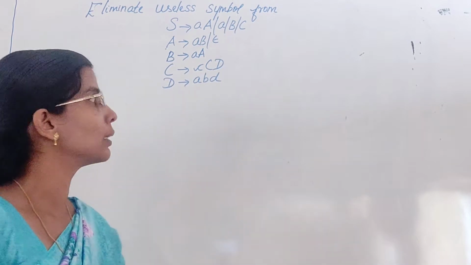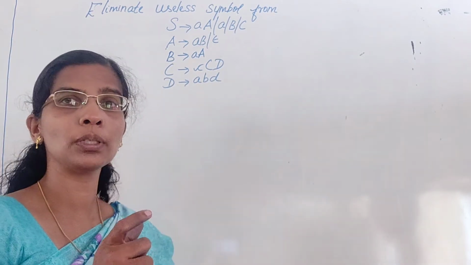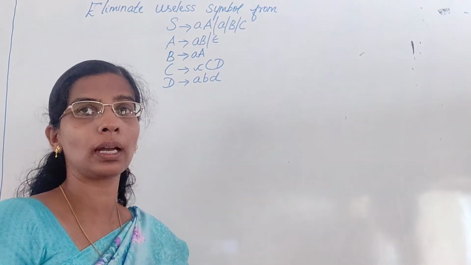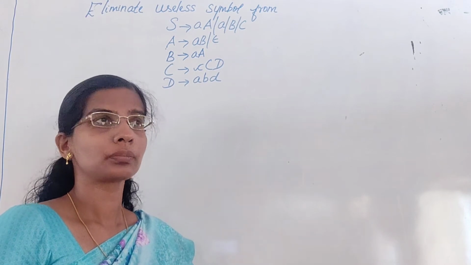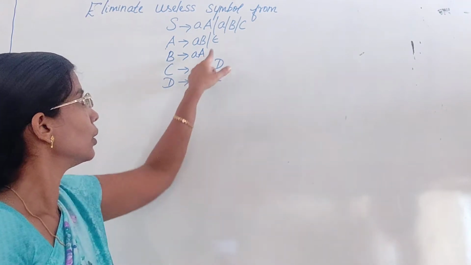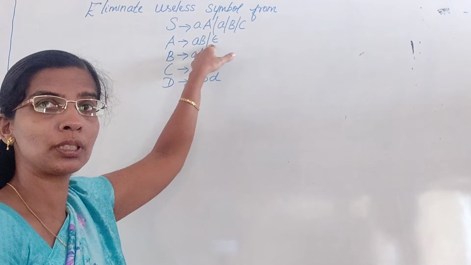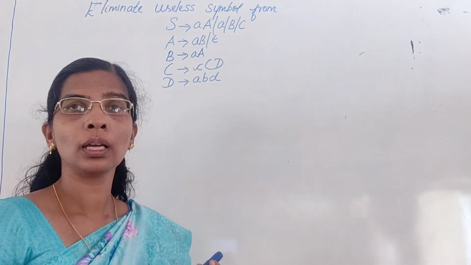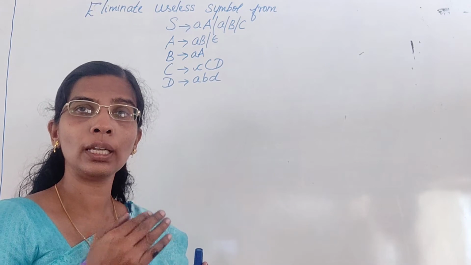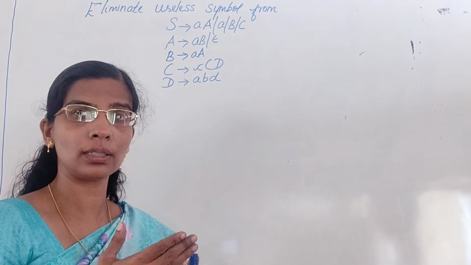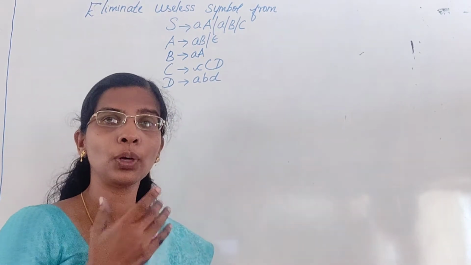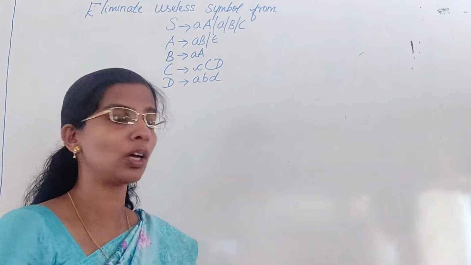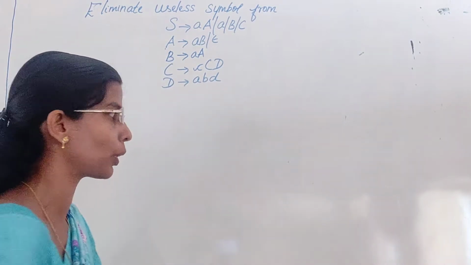If you see this grammar, there is some difference between this grammar and the previous grammar. In this grammar, you have one epsilon production. What do you mean by epsilon production? If you have only epsilon in the RHS, it is known as epsilon production.